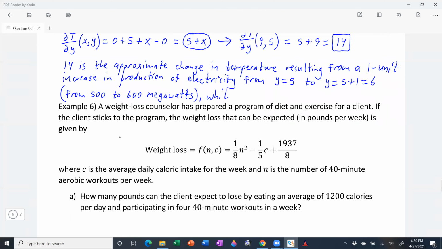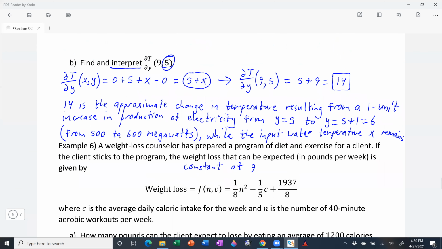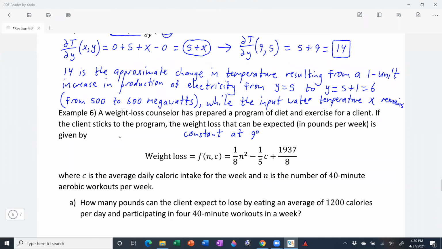Okay, while the input water temperature, the X variable, remains, and I'm going to have to write it down here, constant at, and what do we do? 9, at 9 degrees.